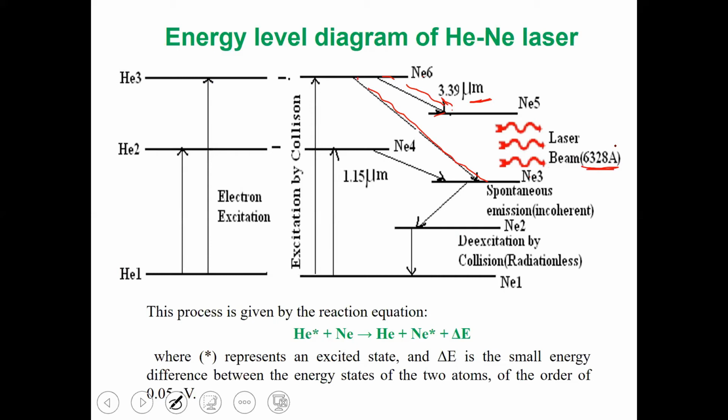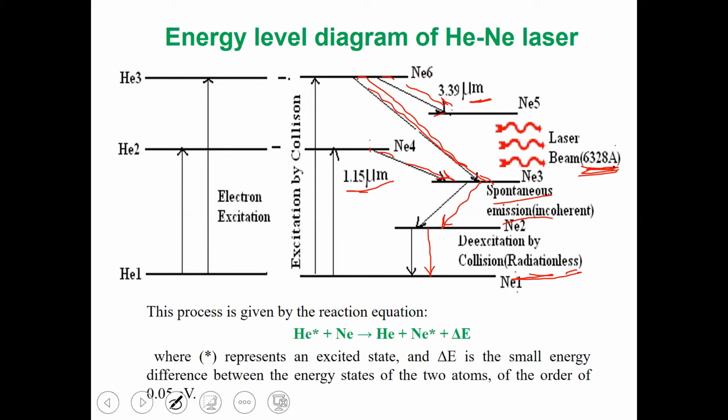Then the Ne4 to Ne3 transition gives 1.15 micrometers. From there, this is spontaneous emission, so there is no laser light. From Ne3 and Ne2 to Ne1, the atoms de-excite to the ground state by a radiation-less transition between Ne2 and Ne1.